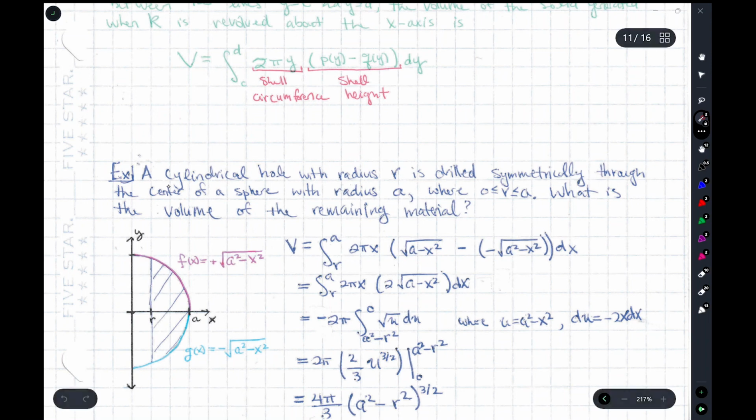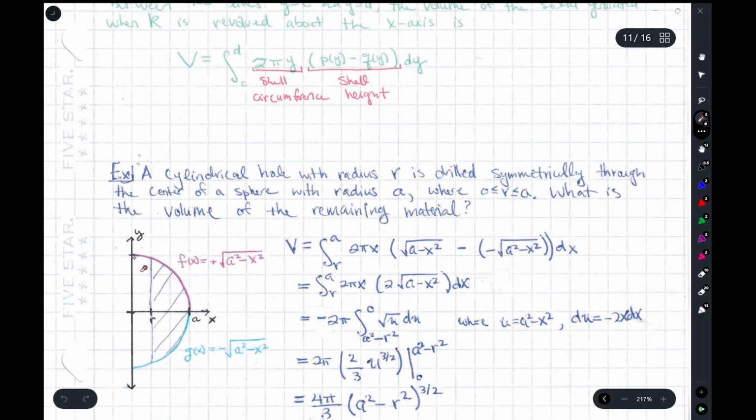So suppose we want to find the volume of a sphere with radius a that's been drilled out. It's been drilled symmetrically. Imagine this sphere rotated about the y-axis, but you take a ball and drill it right in the center, so it's missing that volume inside.